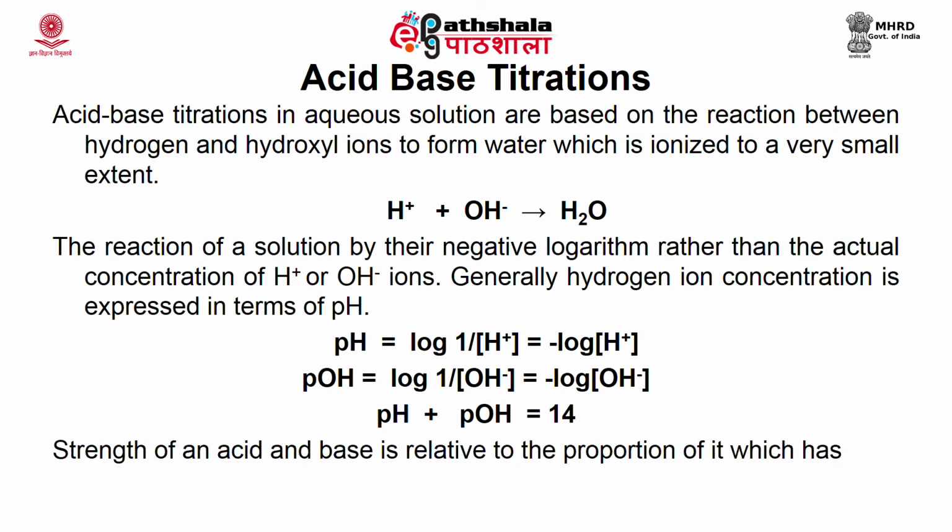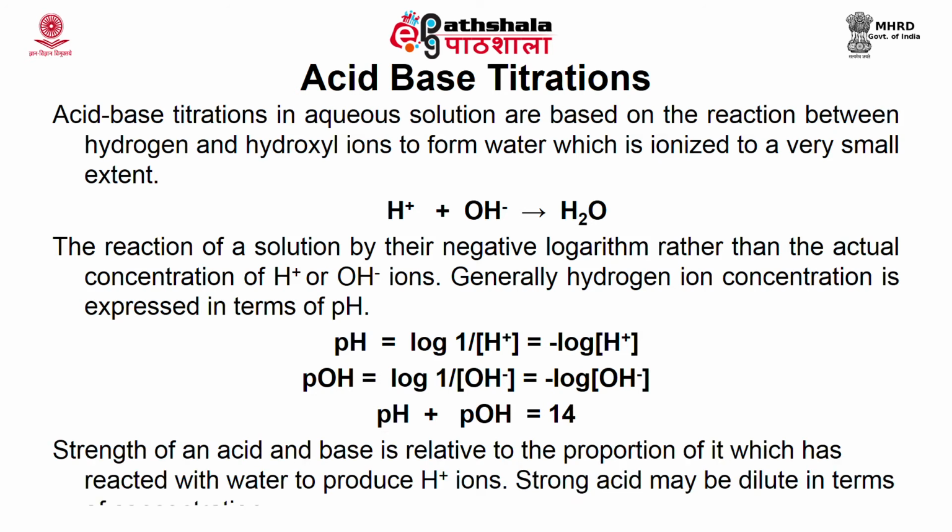The strength of an acid and base is relative to the proportion to which it has reacted with water to produce a particular ion. For example, if some strong acid is added, the H+ concentration will increase and pH will decrease from 7, and if some base is added to water, the pH will increase as OH- ions are added to the solution.